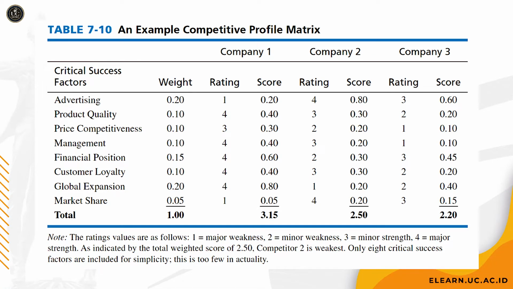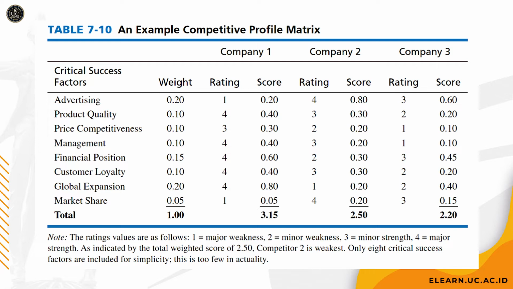Everything is numbers. The first one, you need to identify critical success factors, meaning that you need to identify what factors can help your company and also your competitors to become successful. And these factors should be something that is important for the companies operating within the same industry.